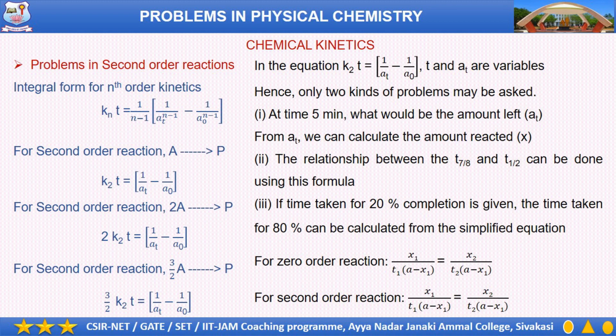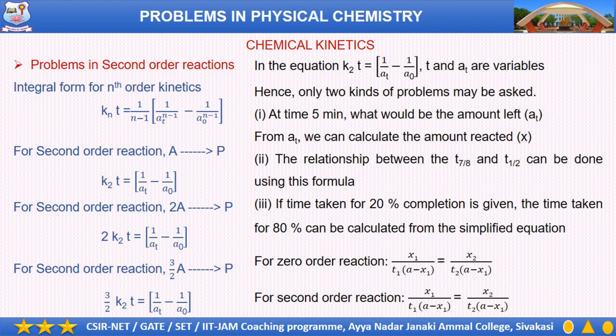AT can be calculated. Once the amount left is calculated, you can calculate the amount reacted. The amount left is nothing but the initial concentration minus the amount reacted, equal to AT. Therefore, if you calculate here the AT, you can calculate the X, the amount that is consumed.